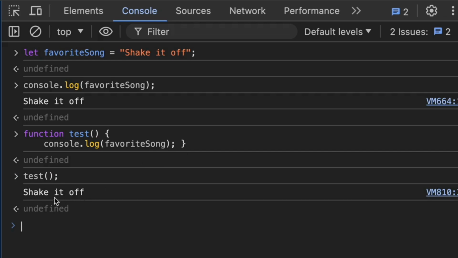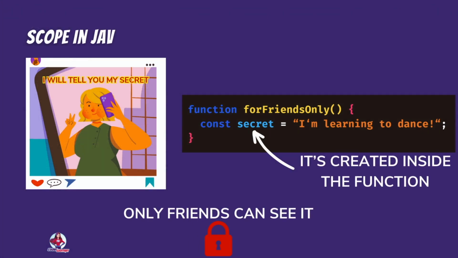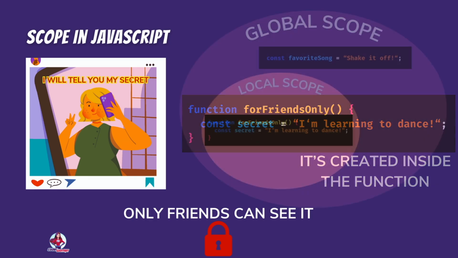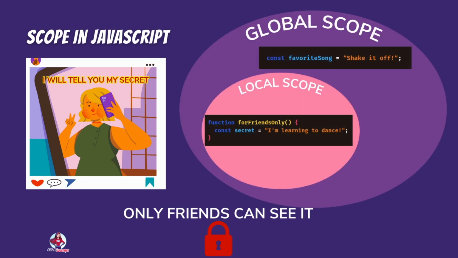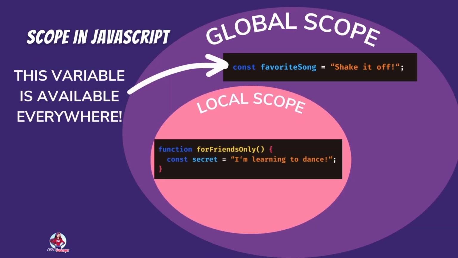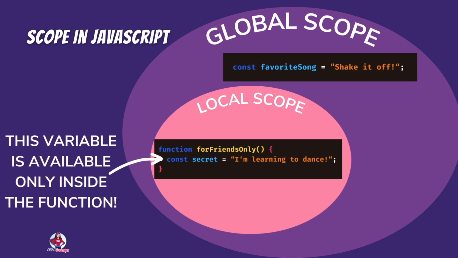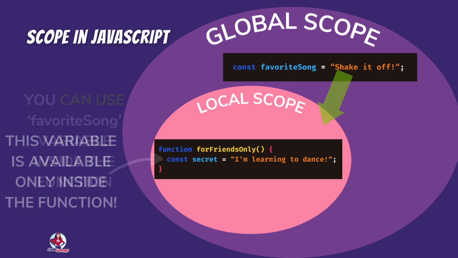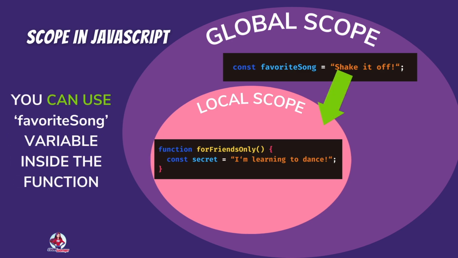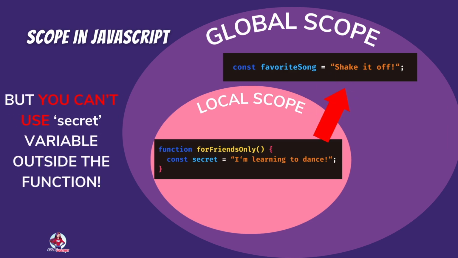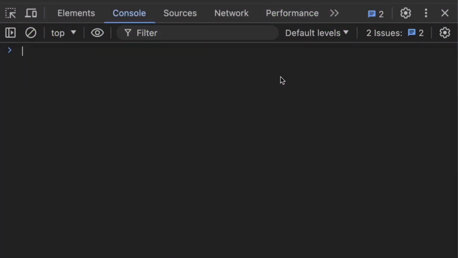However, thanks to functions, we can create a local scope. This means the variables you create inside the function are unavailable outside it. This way you can create secret private things that cannot be used outside the function. In this case, imagine that on social media you want to post a message that you want to share only with friends. You want it to be invisible to everyone else. Now let's see how this works.